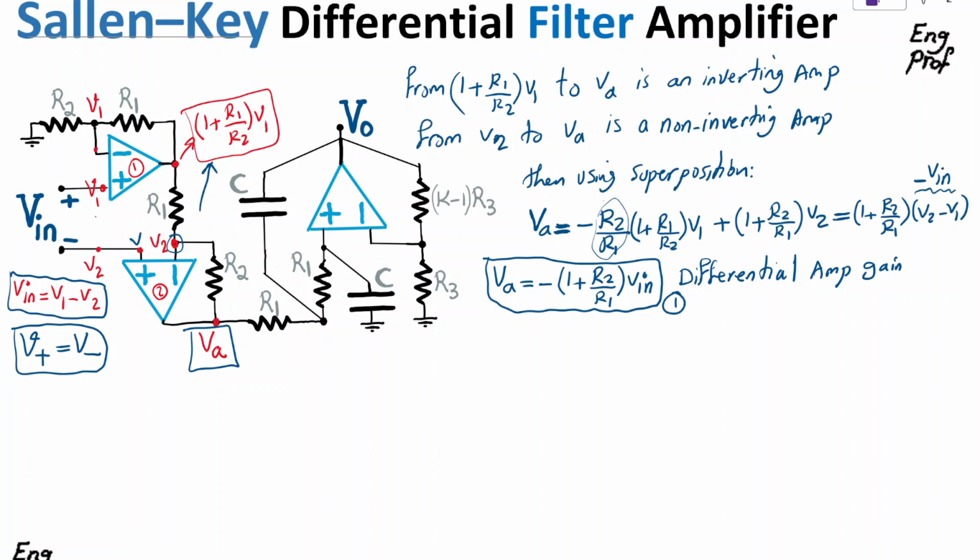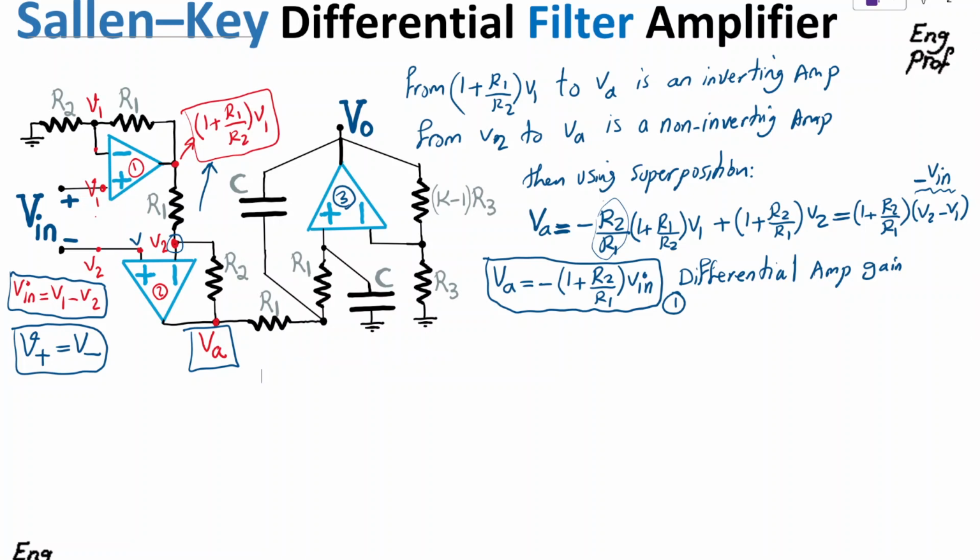When the caps short, they force the voltage at the positive terminal to go to AC ground. The negative terminal also goes to AC ground because of the virtual short, as long as this op-amp 3 is operating properly, and that forces the output to 0. So at high enough frequencies the caps short and this final stage kills the output voltage. High enough frequencies are not passing, so it's a low-pass filter.